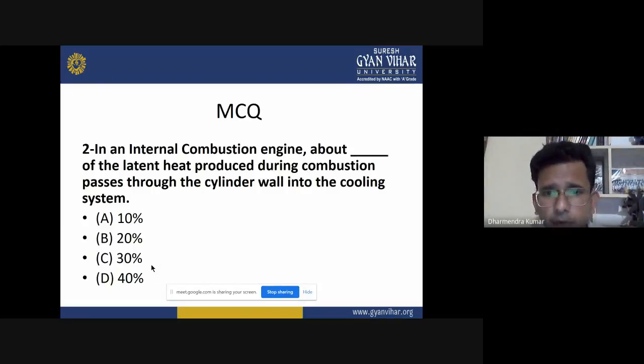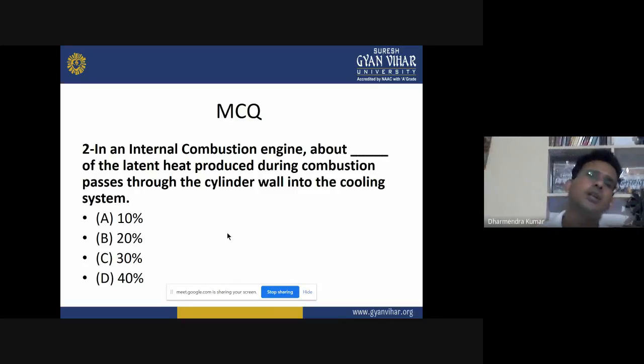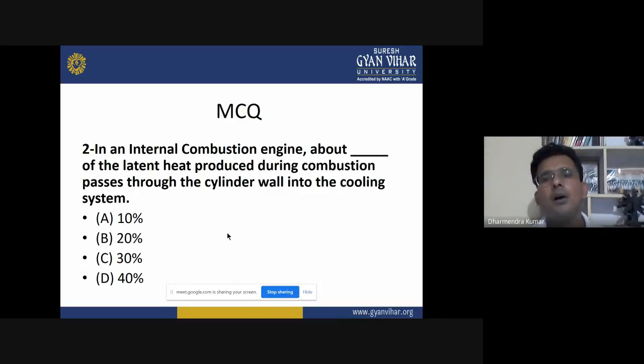And now the second multiple choice question is: in an internal combustion engine, about what percent of the latent heat produced during the combustion passes through the cylinder wall into the cooling system? The question is asking how much latent heat produced during combustion passes through the cylinder wall into the cylinder jacket.